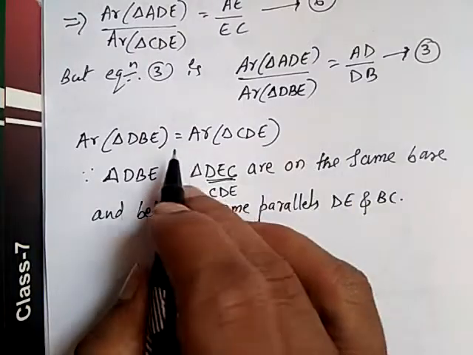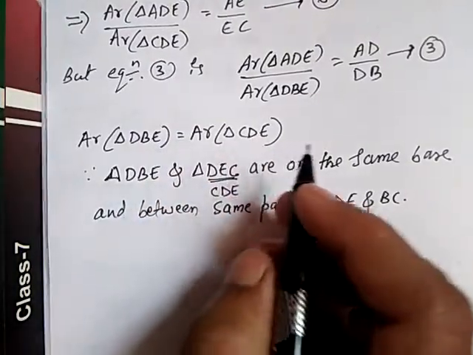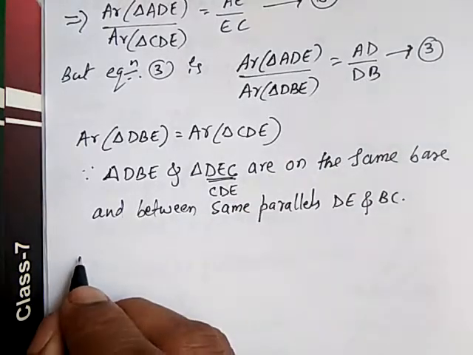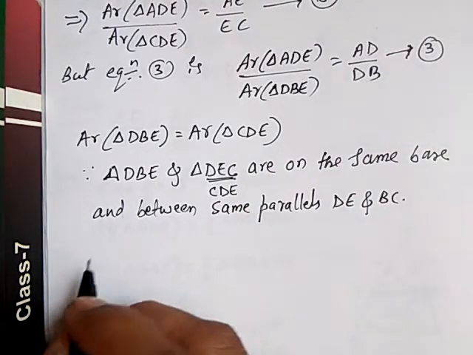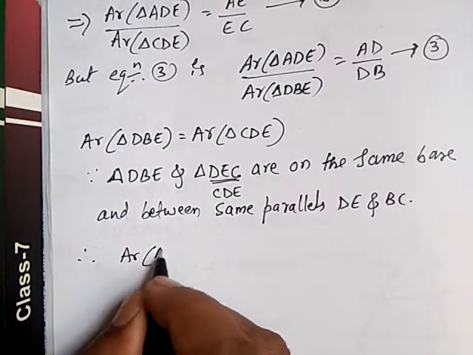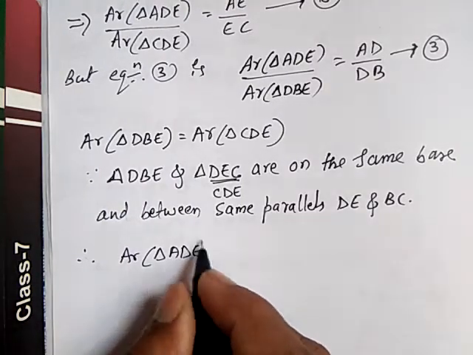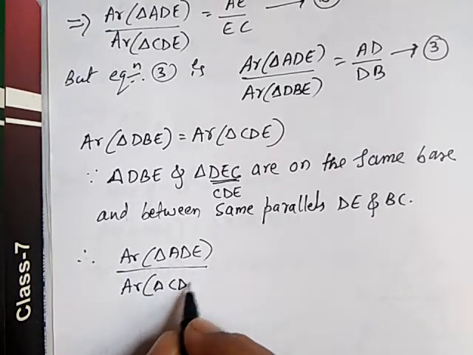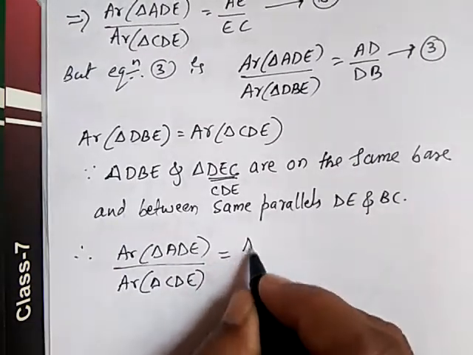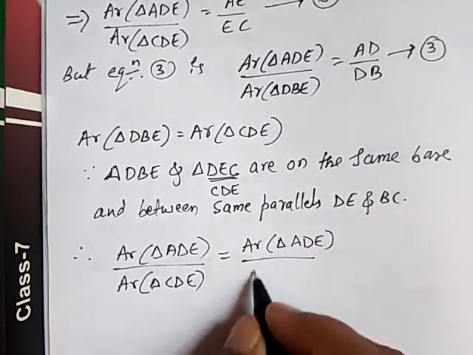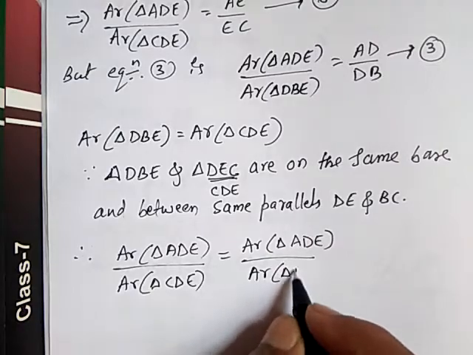When these two are equal, therefore you can write here, area of triangle ADE divided by area of triangle CDE is equal to area of triangle ADE divided by area of triangle DBE.